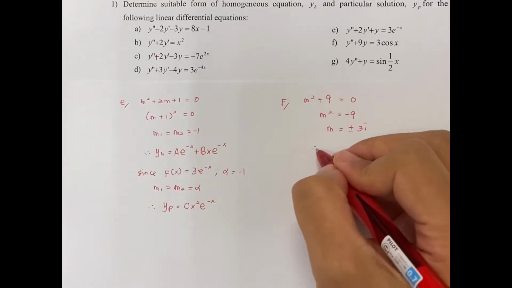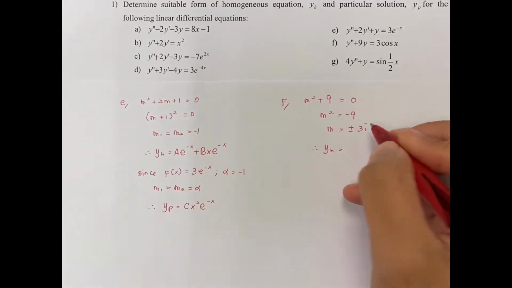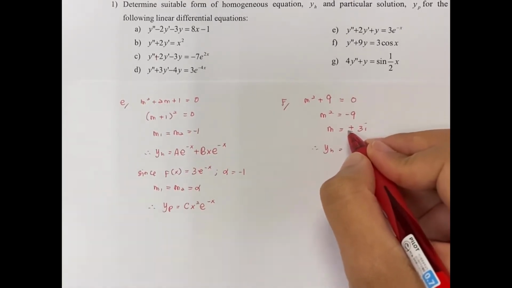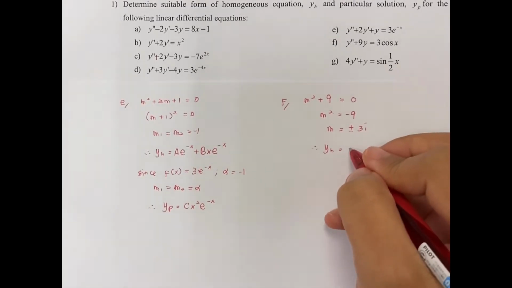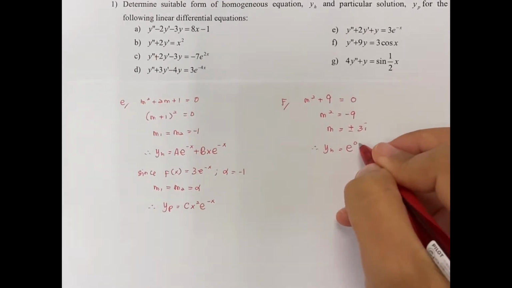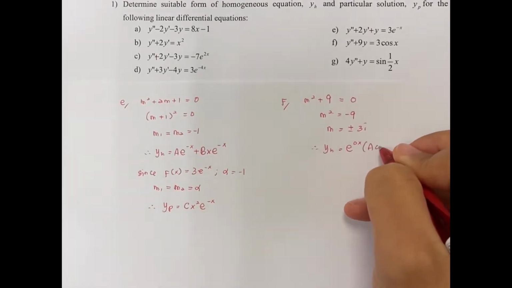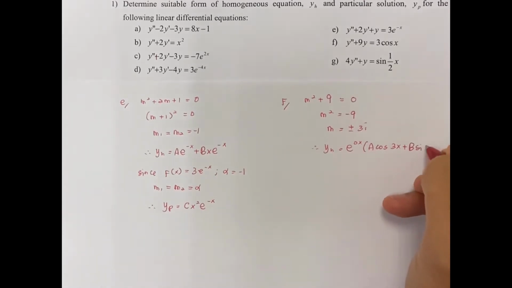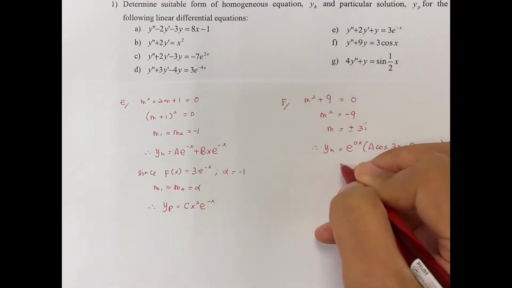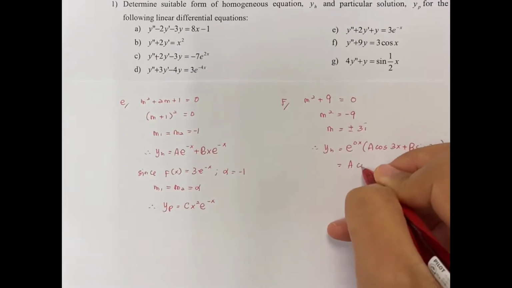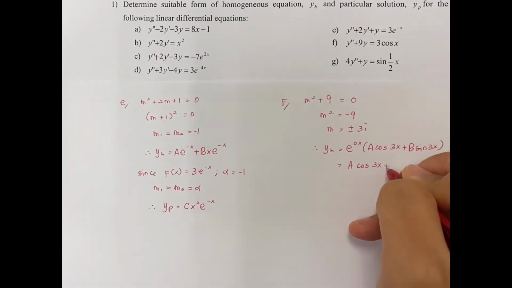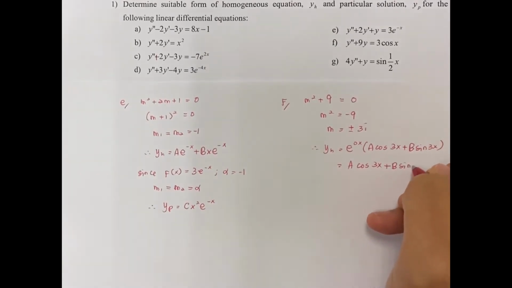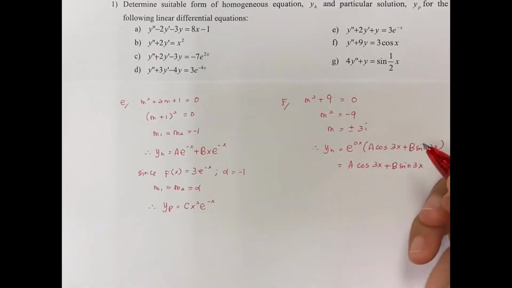So YH, since the real part is 0, you have exponent 0x times A cos 3x plus B sin 3x. And this is equal to A cos 3x plus B sin 3x, since exponent 0 is equal to 1.